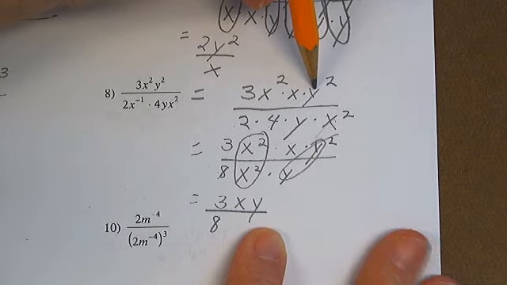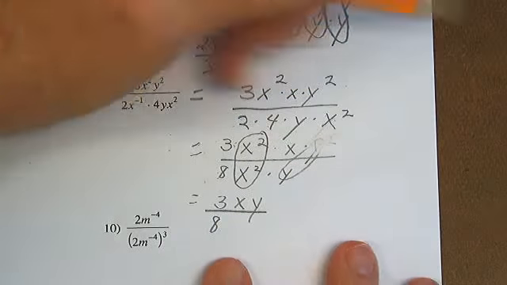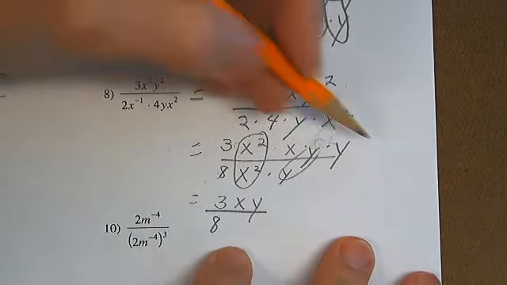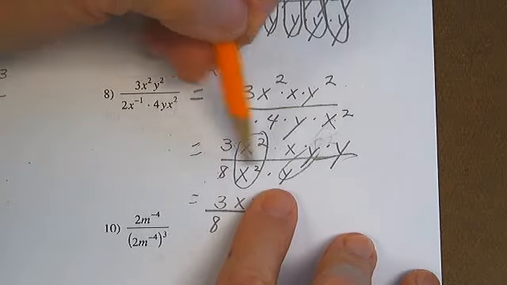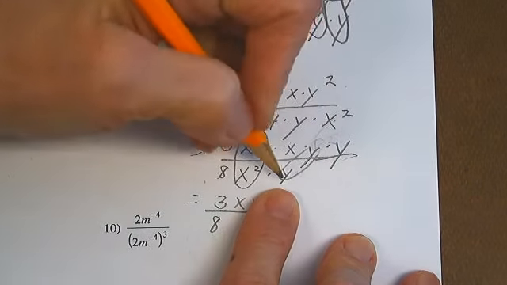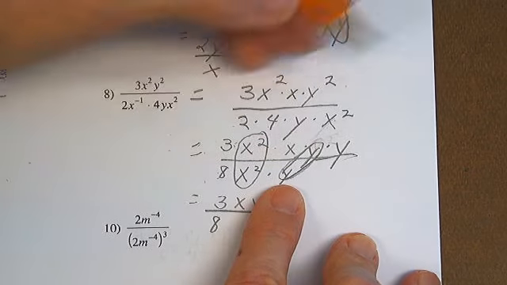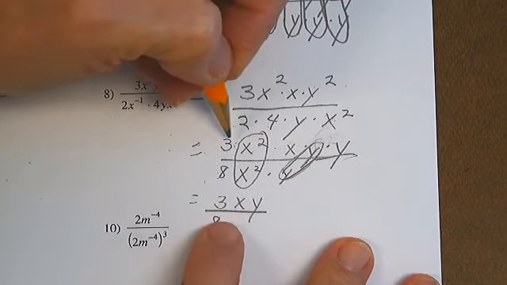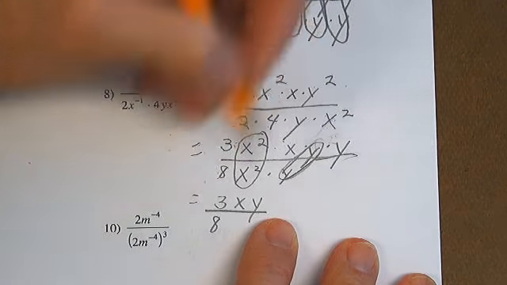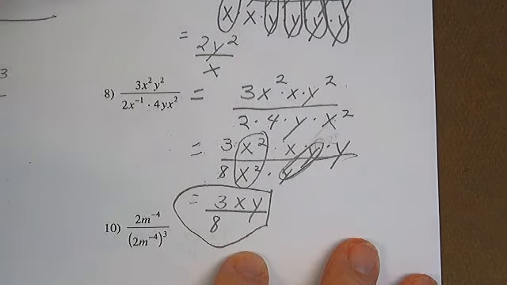Y squared is the same as y times y. My denominator has a y in it. Y over y is equal to 1. So my final answer is 3 times x times y over 8. And that is my answer to problem 8.